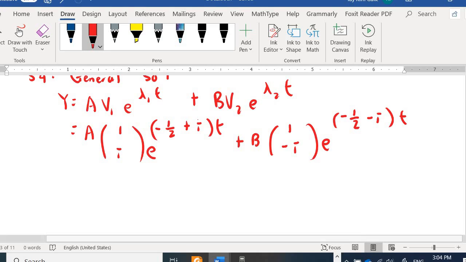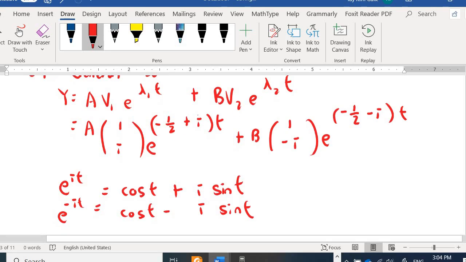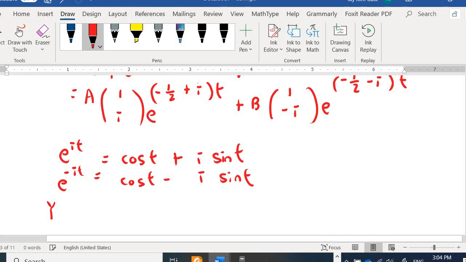If you want to change the solution in terms of cos and sin, we have to use that exponent of it is cos t plus i sin t. So if the exponent is negative it, it will be cos t minus i sin t. So we are going to convert this part. The y is a times 1, i, exponent negative half t.